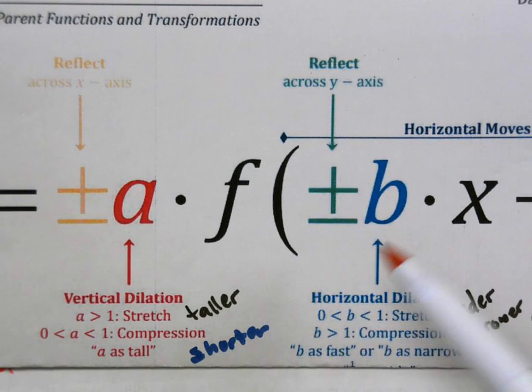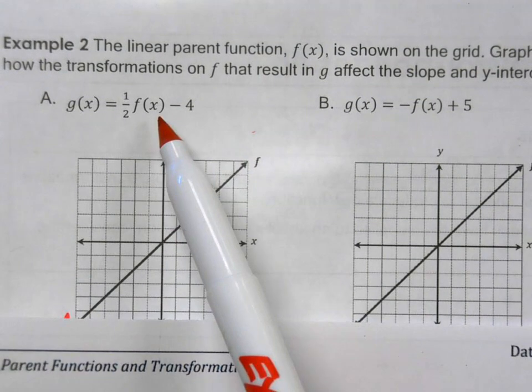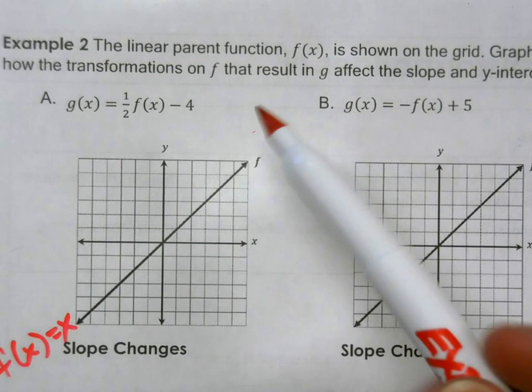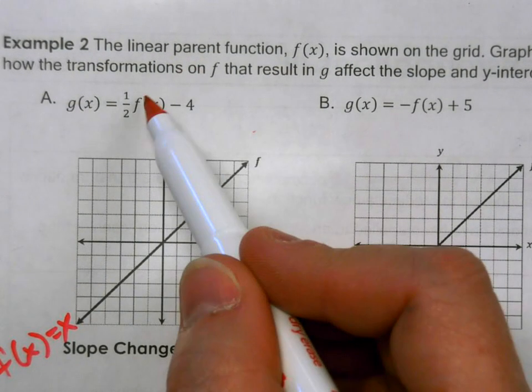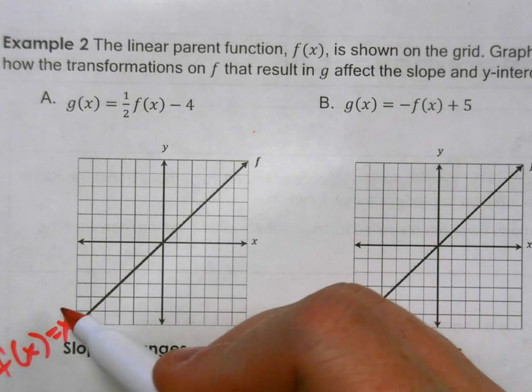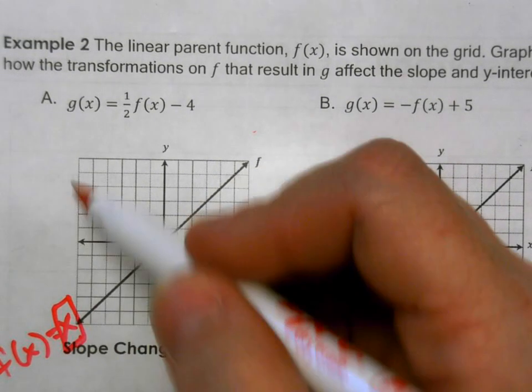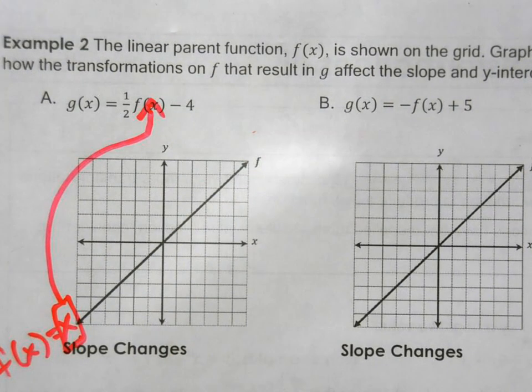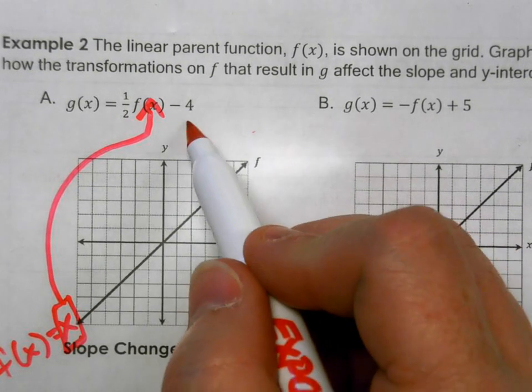Okay. Are there any changes happening inside the parentheses here? No, right? So because there are no changes happening inside the parentheses here, I can substitute my x from my f of x right into my equation and make it look like something I'm more used to seeing.